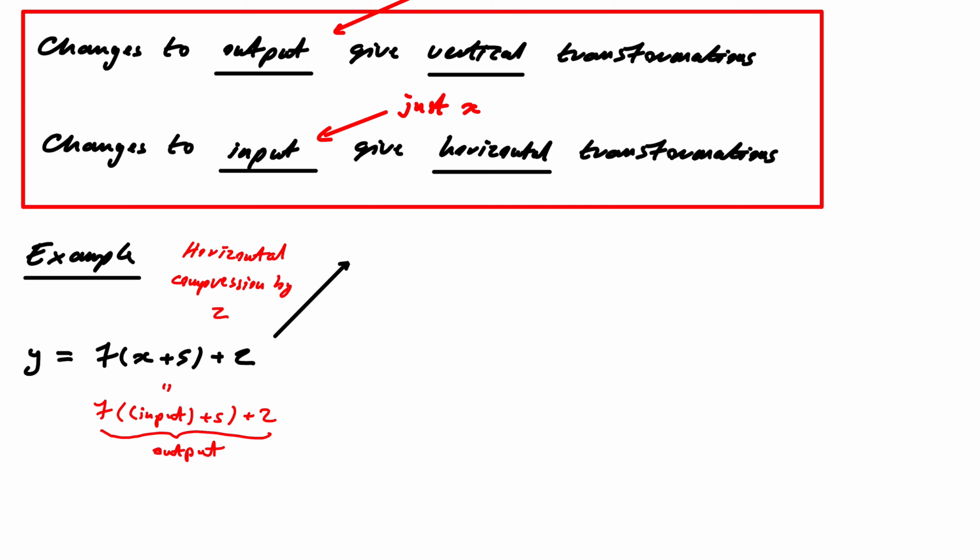So what am I going to do? Well, I should write y is equal to, so this is my new thing. It'd be f of... Okay, so now all I'm going to do is replace the x with 2x. So I'm just going to really carefully write this. Plus 5 plus 2.